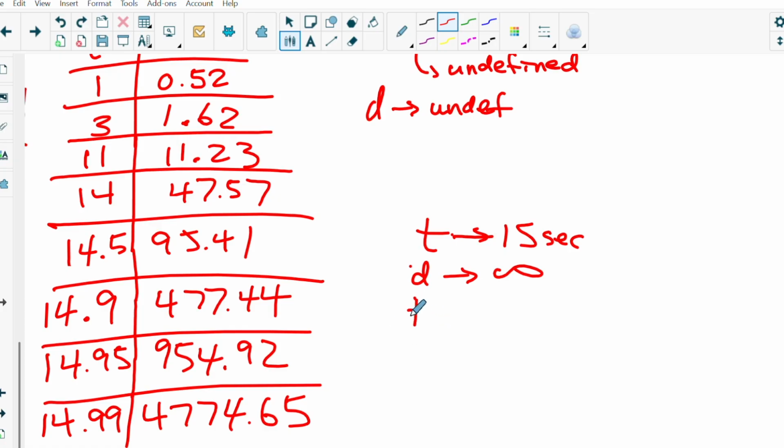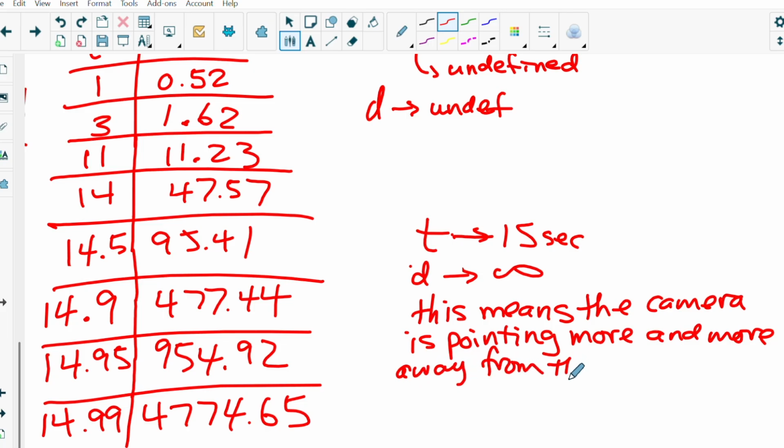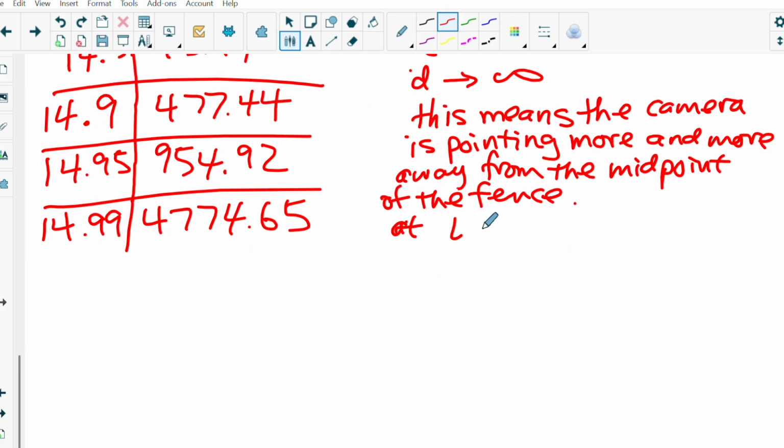This means the camera is pointing more and more away from the midpoint of the fence at t equals 15 seconds.